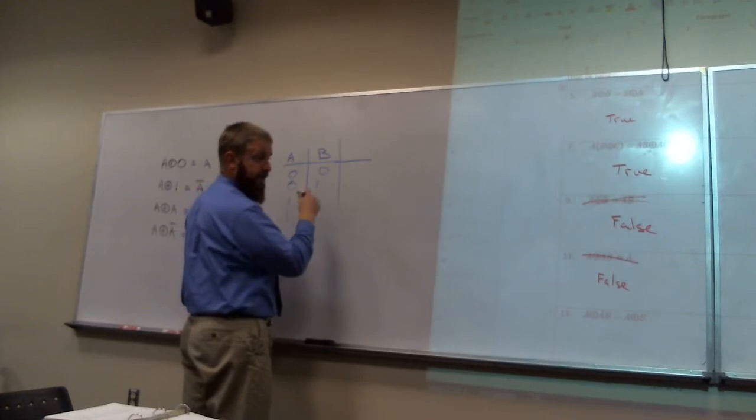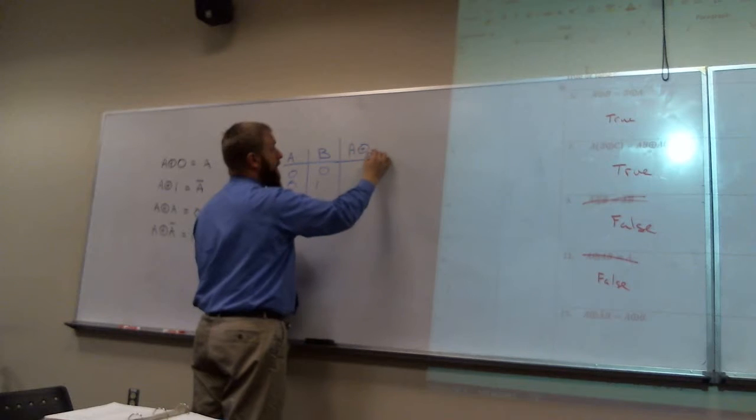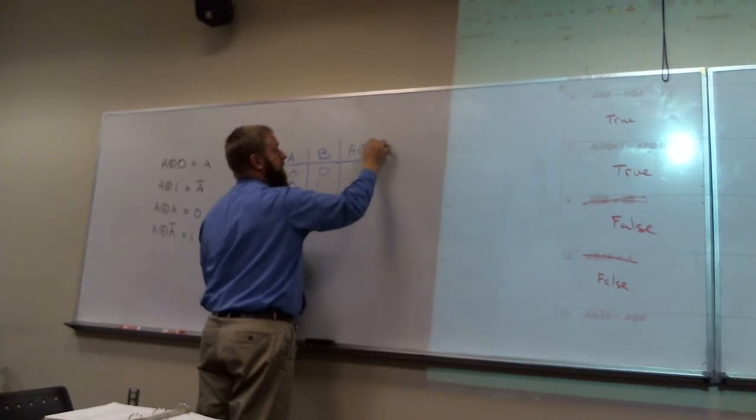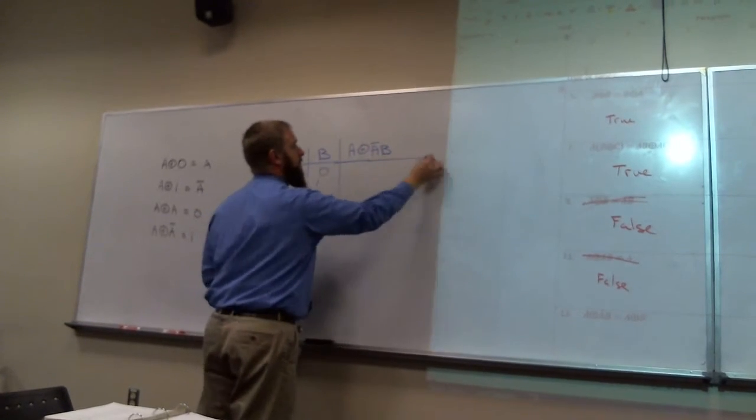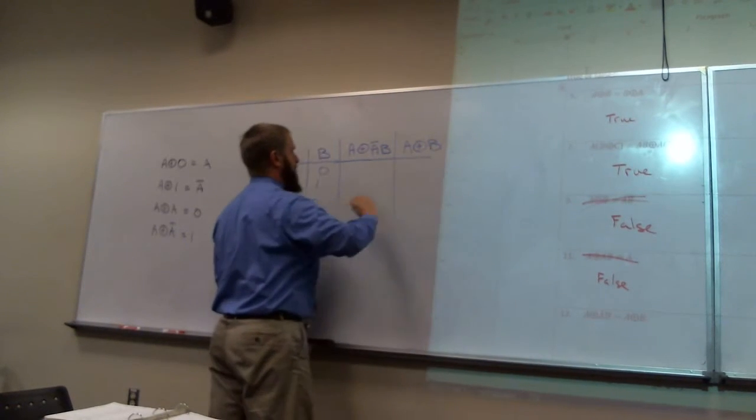Put together the truth table for A XOR (NOT A AND B). You should already know the truth table for A XOR B.